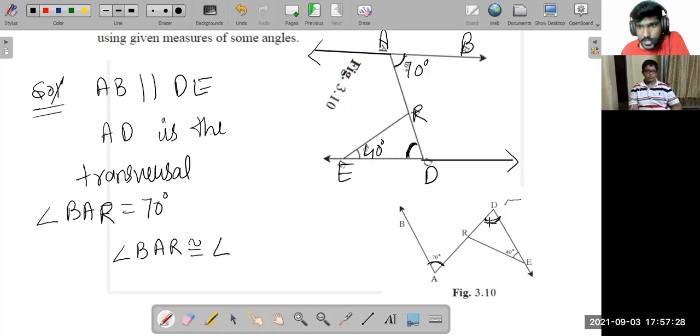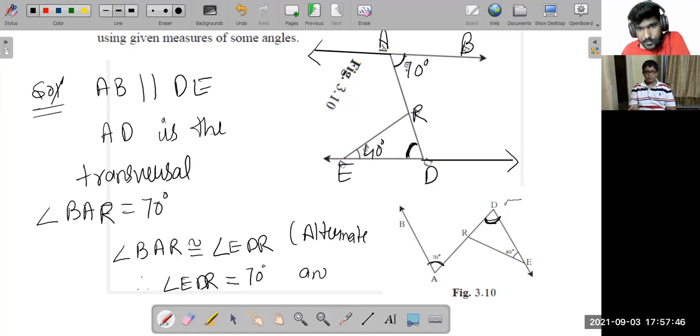Here it is this one and this one, EDR. So therefore, angle EDR will be 70 degrees. Here you can give the reason: alternate angles.